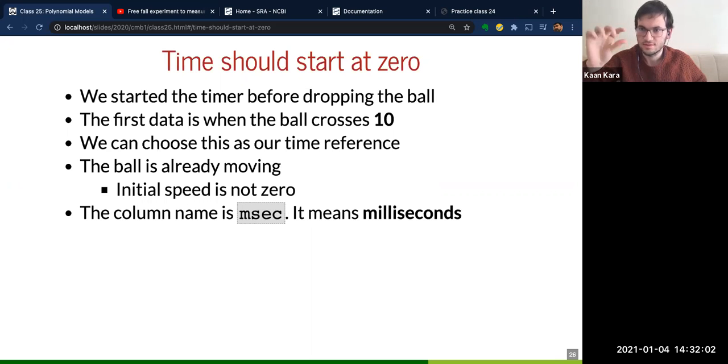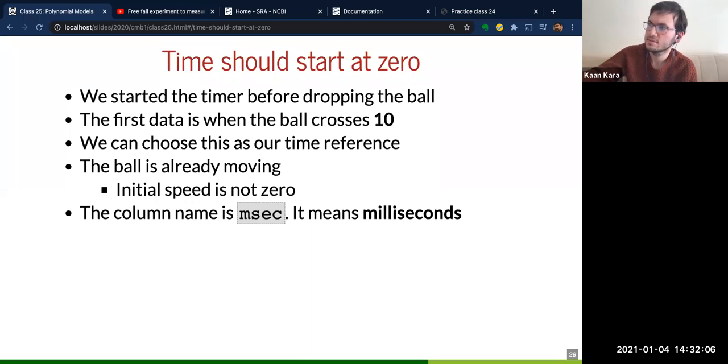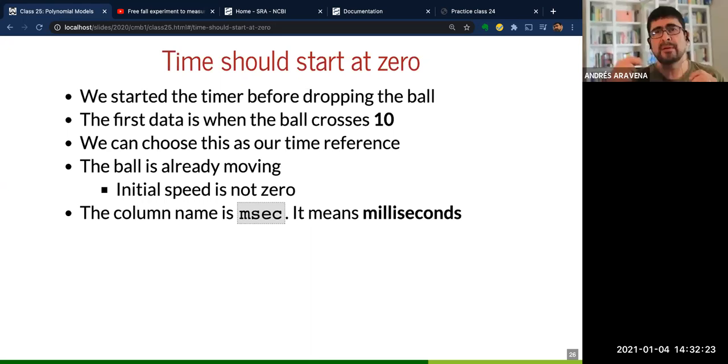I put a meter in front of my door, and I drop it from 1 meter, and I look at the time, and I note the times. Yeah, but you have to drop it and start the timer at the same time. How do you do it, with 2 hands?